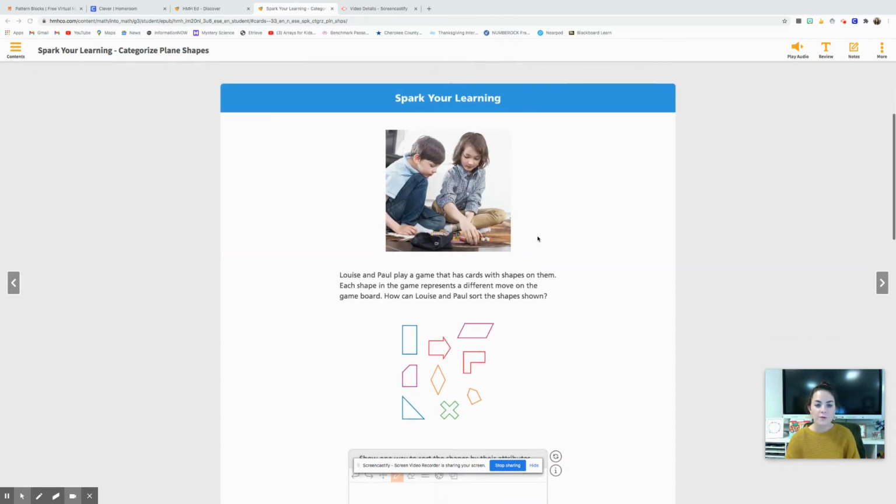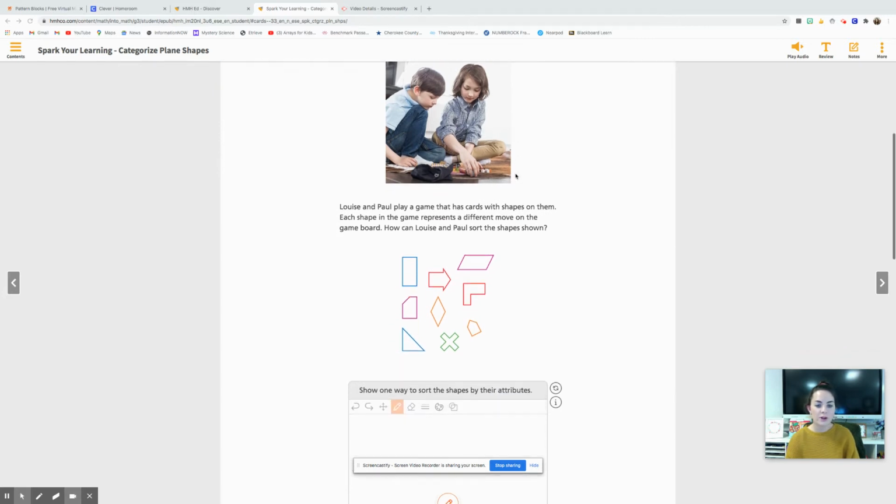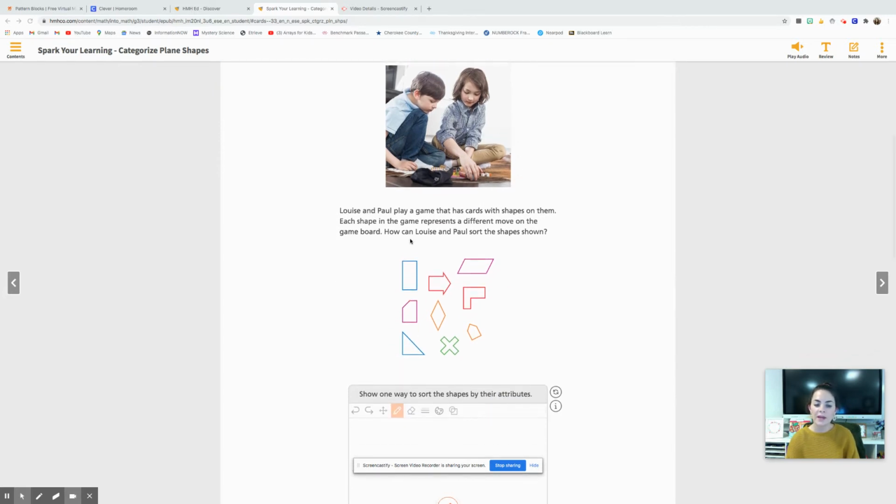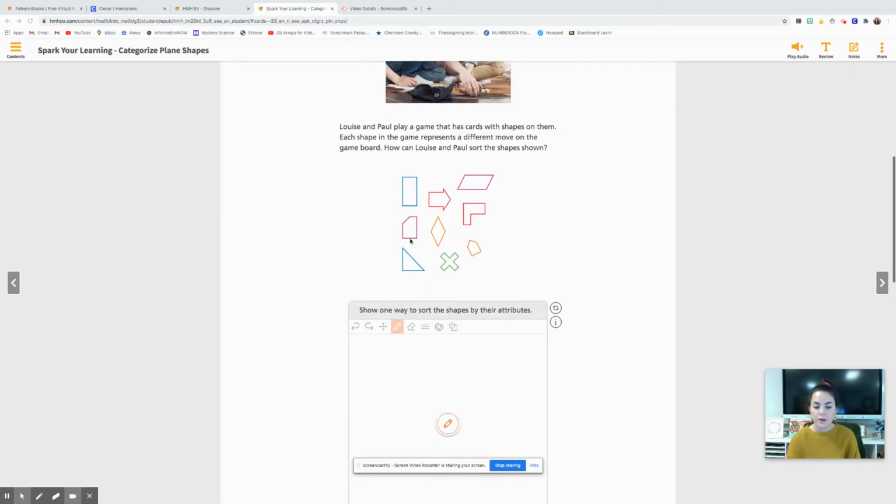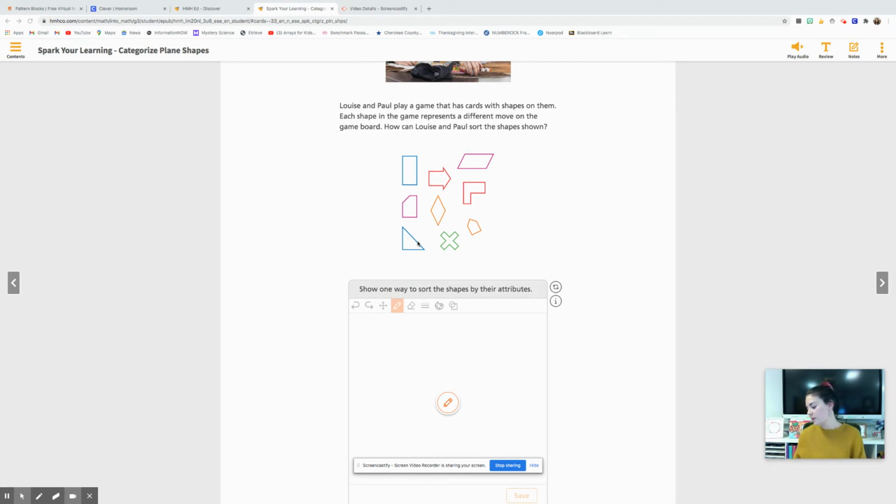So our first problem under Spark Your Learning says that Luis and Paul play a game that has cards with shapes on them. Each shape in the game represents a different move on the game board. How can Luis and Paul sort the shapes shown? So this one I'm not going to give you the answer for on the video. I just want you to look at it and try to think of a creative way to sort these shapes.